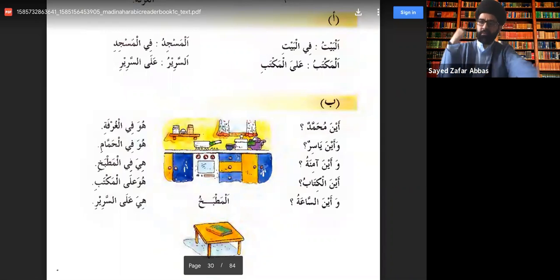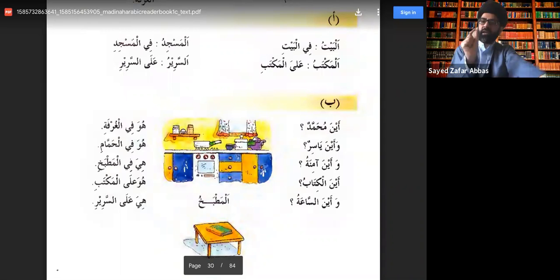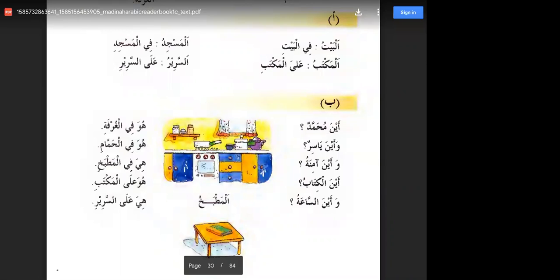That at times it will be pronounced, at times it will remain silent. But this ta marbuta is called the ta of ta'neeth, the ta of femininity. That means that any word which has the ta marbuta at the end will be considered feminine, even if it's for an inanimate object, and therefore we will say hiya ala sarir. Okay, right.